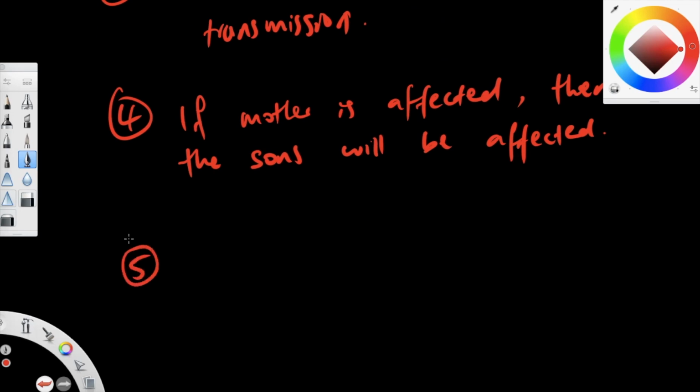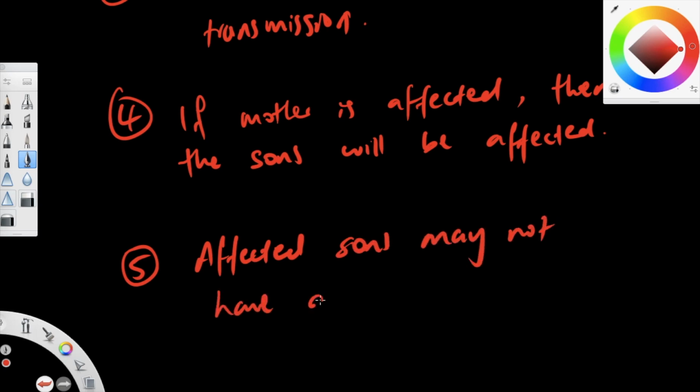Number 5 is that the affected sons may not have an affected mother. Whereas this is different from the case of X-linked dominant, because the affected sons must have an affected mother, right?